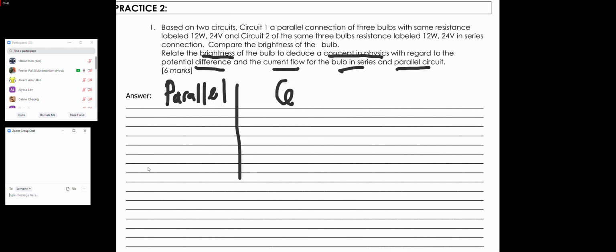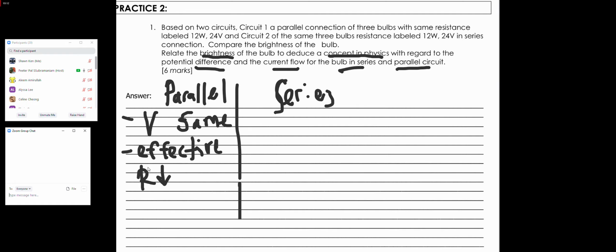In parallel, each bulb receives the same voltage. In parallel, the effective or total resistance decreases.